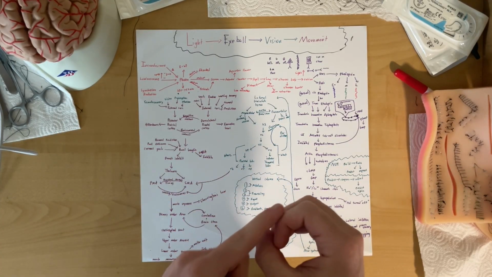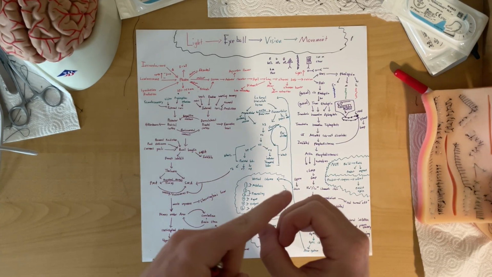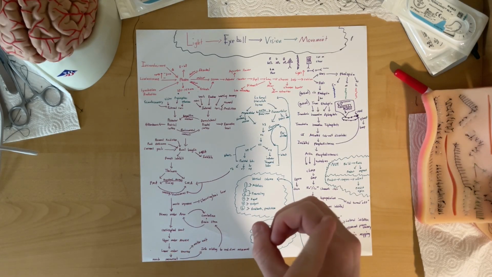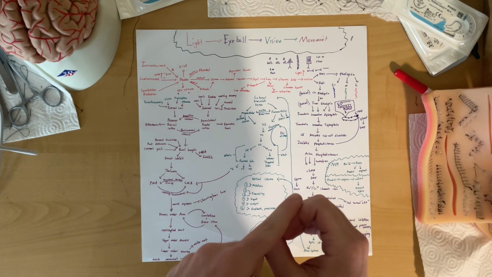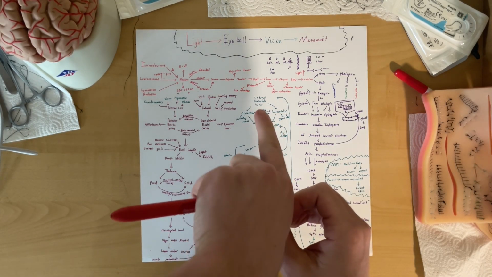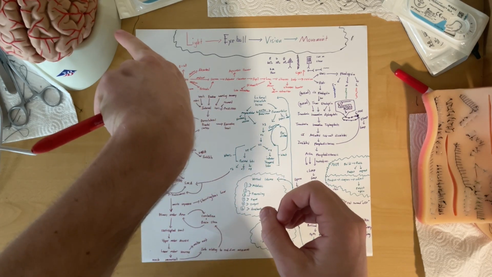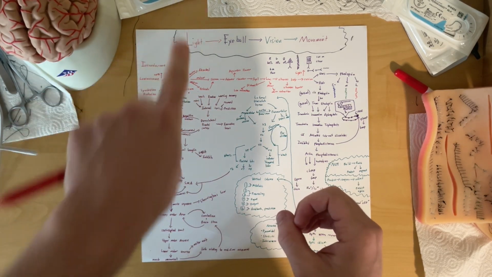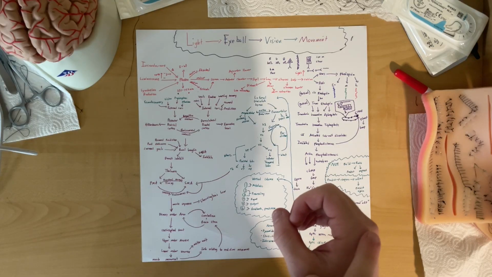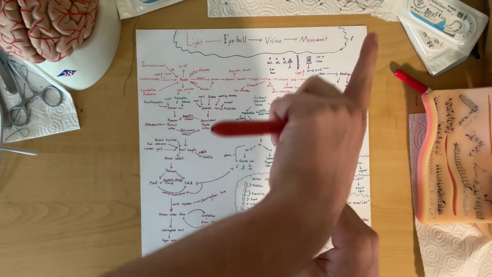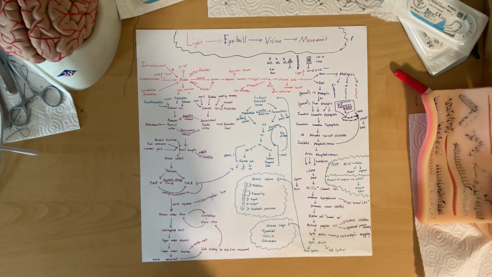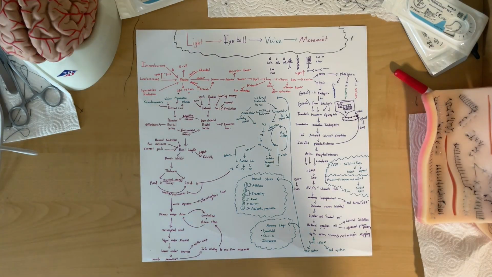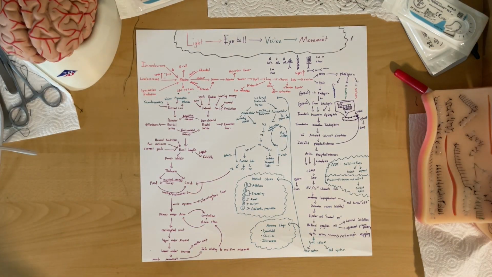Say you divide it in half: this half is nasal, this half is lateral. The nasal side of the fibers will cross over at the optic chiasm to that side of the brain. And then of this same eyeball, the lateral side does not cross over. And the same happens over here. That's kind of what we mean by the optic chiasm. I don't know if that is explained well.